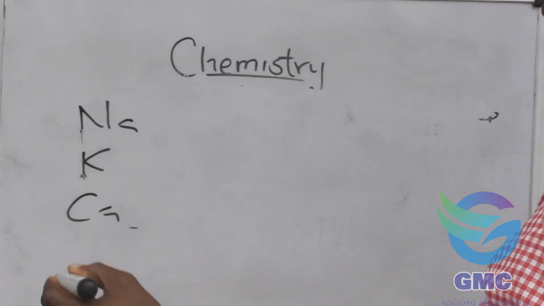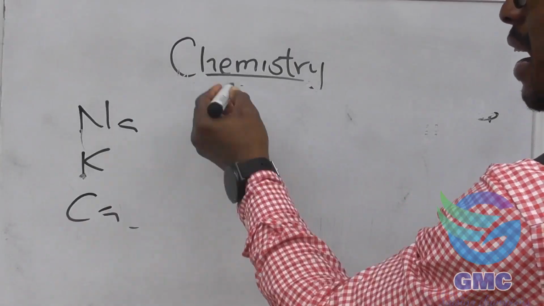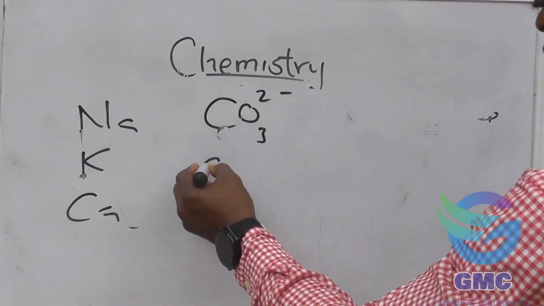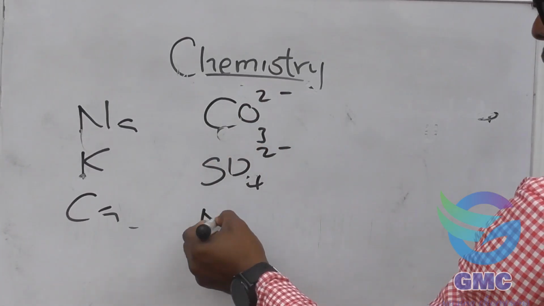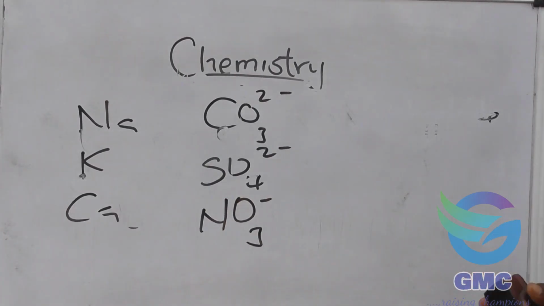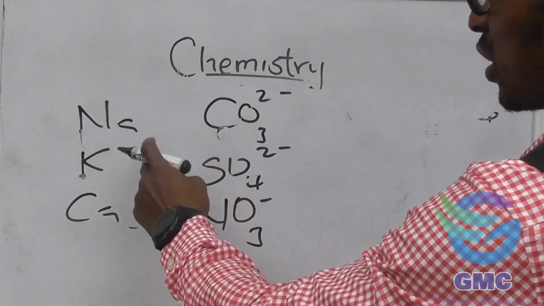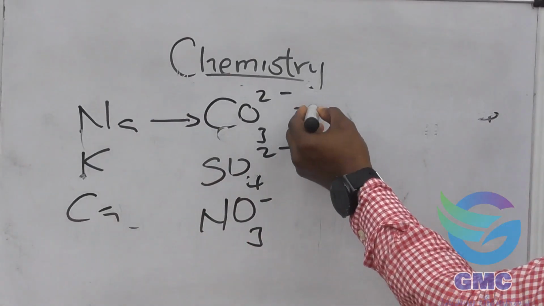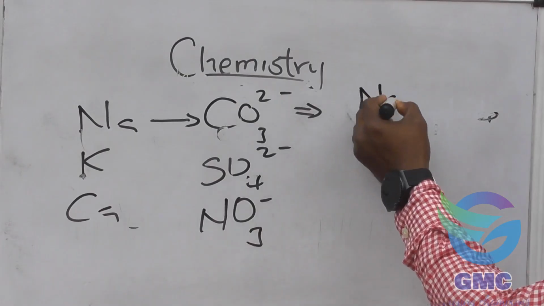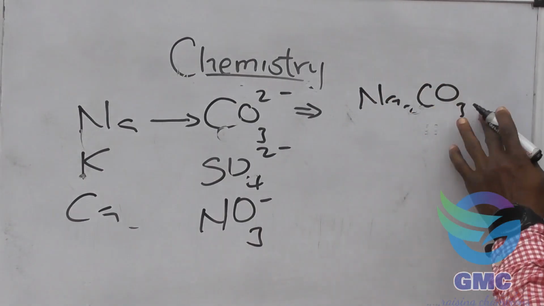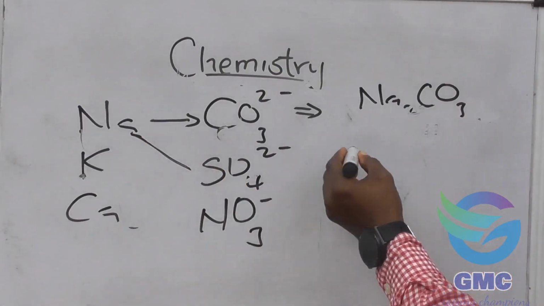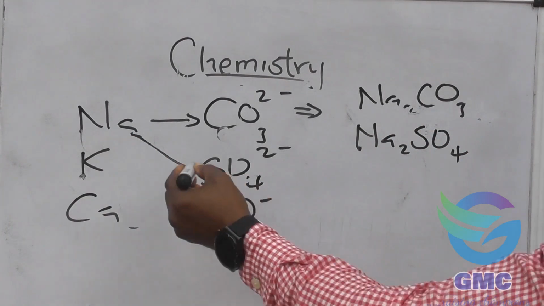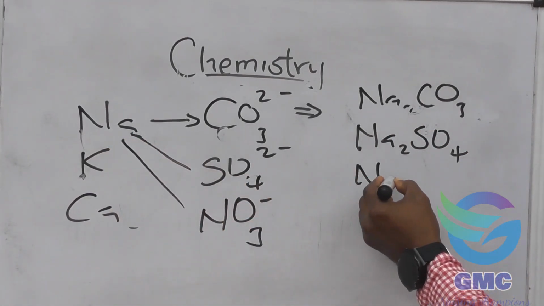And think of any negative radical: CO3 2 minus, SO4 2 minus, NO3 minus. Let's take sodium. It combines with this, it produces sodium carbonate. If it combines with this, it produces sodium sulfate. When it combines with it, it produces sodium nitrate.